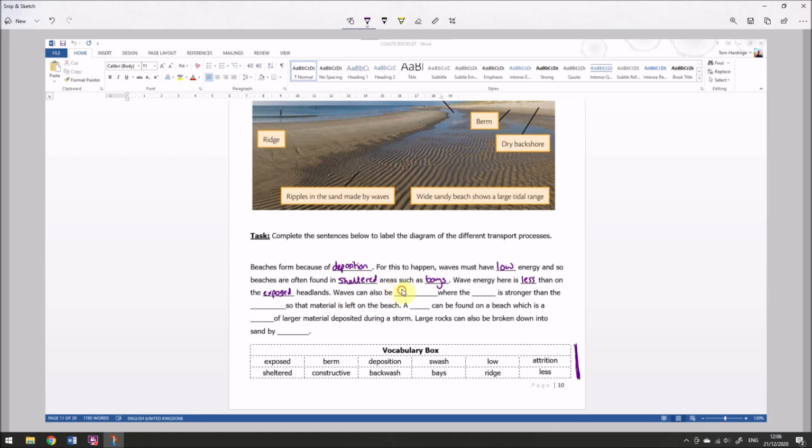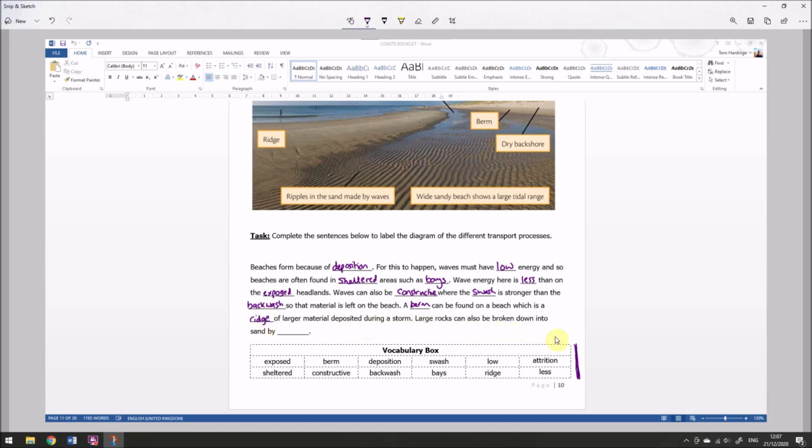Waves can also be constructive, where the swash is stronger than the backwash. Hopefully you got those two the right way round. So the material is left on the beach. A berm can be found on a beach, which is a ridge of larger material deposited during a storm.